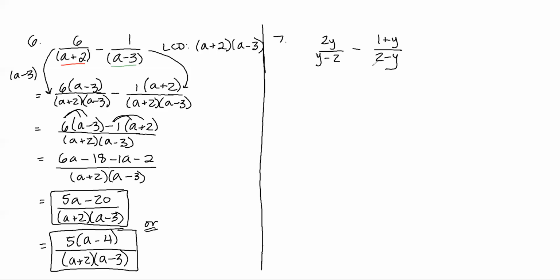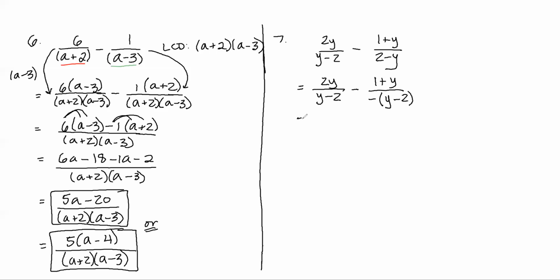Those are opposites. So I'm going to go ahead and show this middle step here. You don't have to write this. But we're going to keep our 2y over y minus 2 minus 1 plus y over, so I'm going to take out a negative, flip these guys around, so y minus 2.